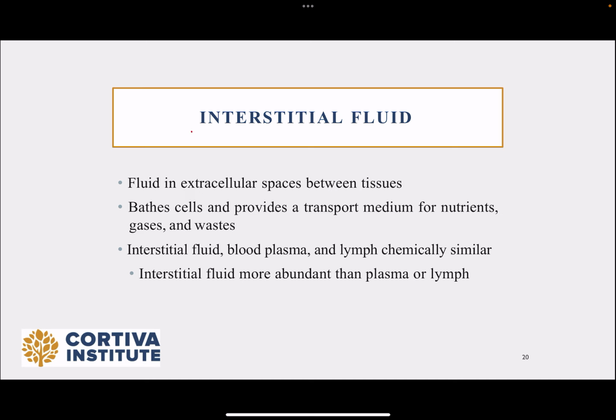This is now we're going to discuss interstitial fluid, right? This is fluid in extracellular spaces, right? So this is in between tissues. We have fluid, and it's going to bathe the cell and help transportation for nutrients, gases, and waste, right? That interstitial fluid is probably what we're interacting with on a daily basis as massage therapists, right?